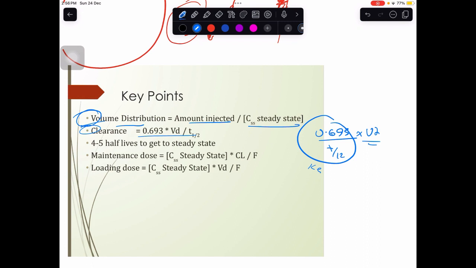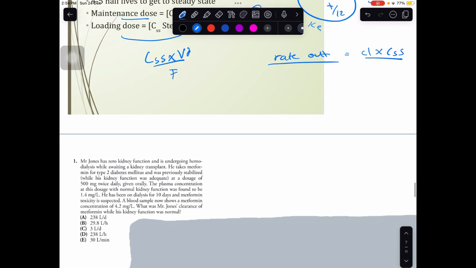Maintenance dose was the rate out, or how much is required to replace what was eliminated. And rate out is basically clearance times CSS, and we mentioned always divide by the bioavailability if it is not 100%. And the loading dose is the CSS times the VD, obviously divided by the F.